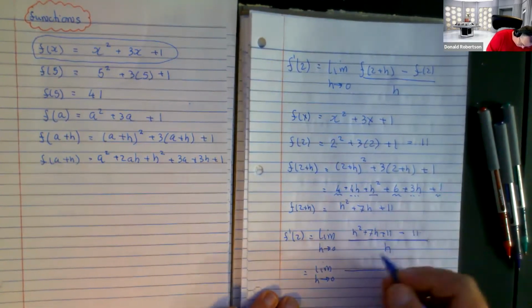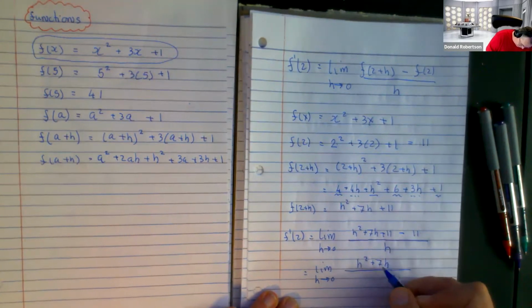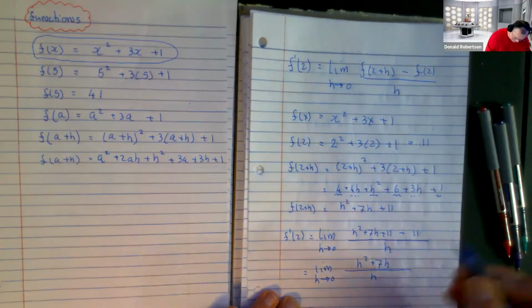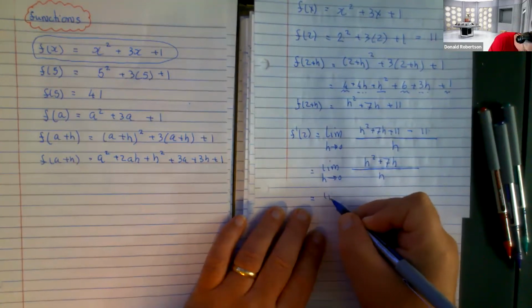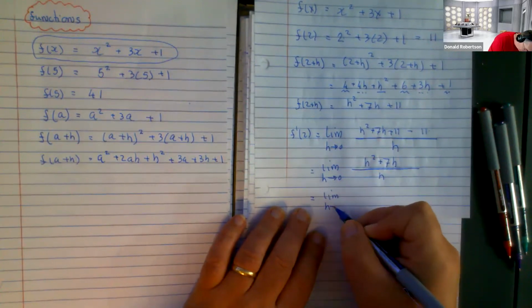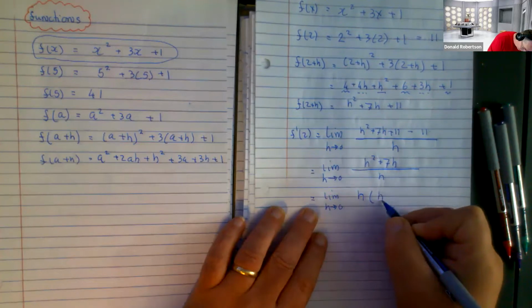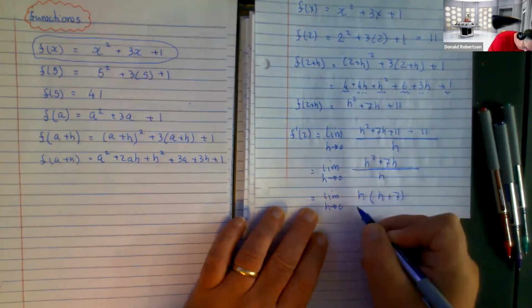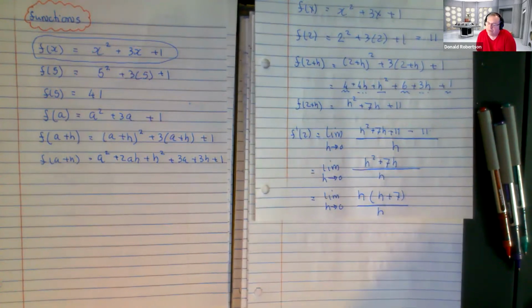Well, they cancel out. And I get that. And I'm going to use factor and cancel. I'm going to pull out h as a common factor. Right, so I'm using the factor and cancel method.